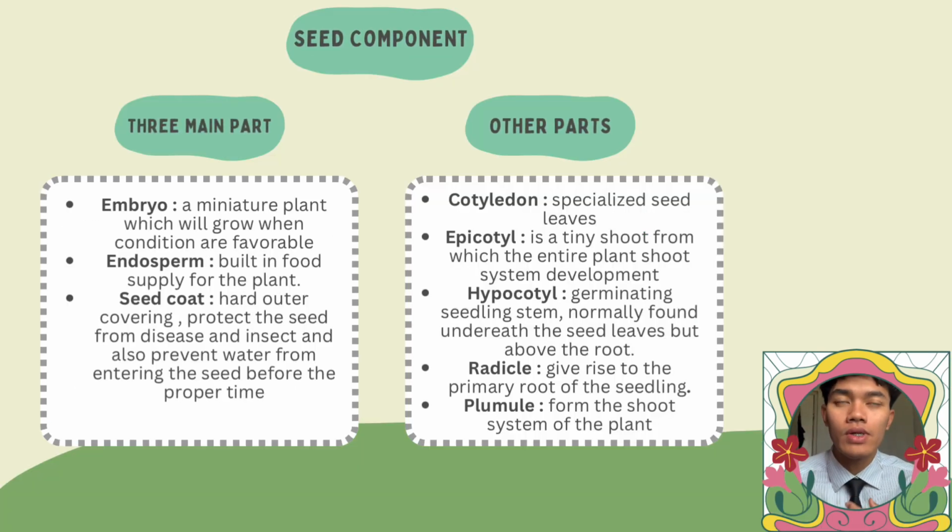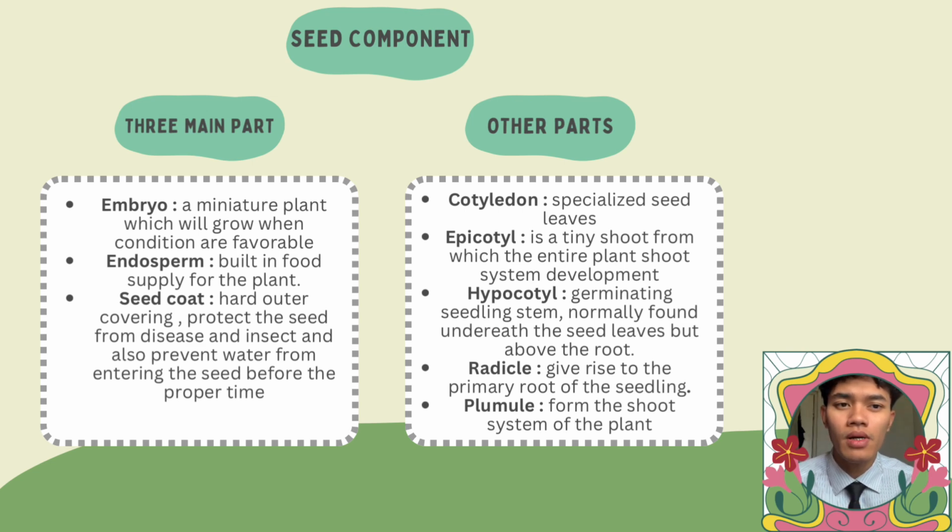After we see the picture on this slide, now I want to explain about the seed components that have three main parts. First is embryo, endosperm, and also seed coat. The embryo is a miniature plant which will grow when the conditions are favorable.